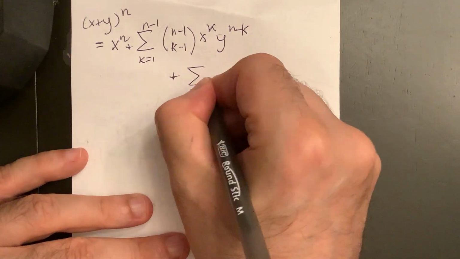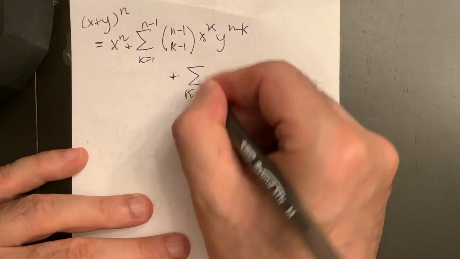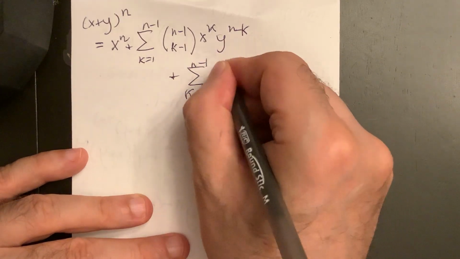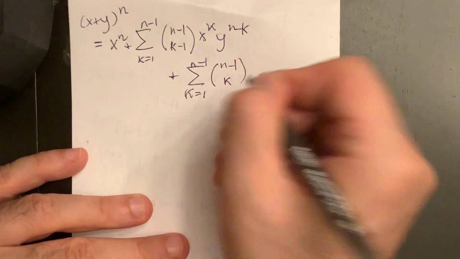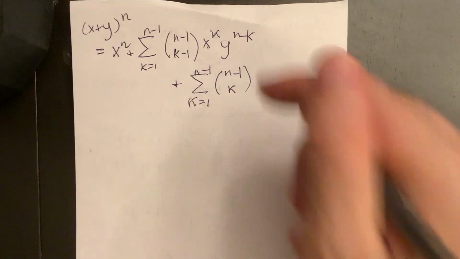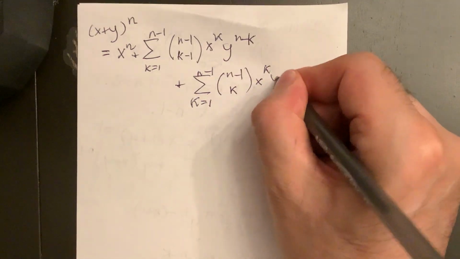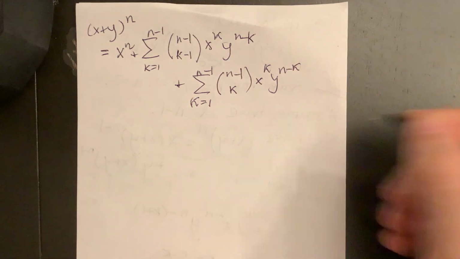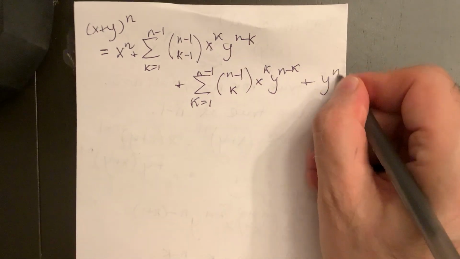Plus the sum k equals 1 to n minus 1, n minus 1 choose k this time. Just check. Yep, x to the k, y to the n minus k, and plus a y to the n out here.